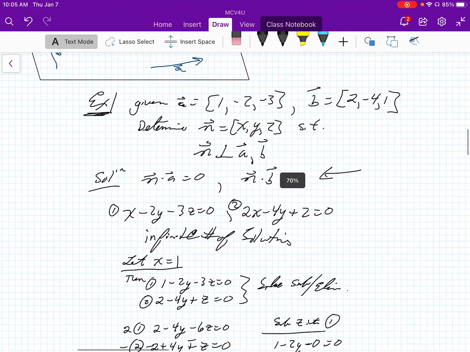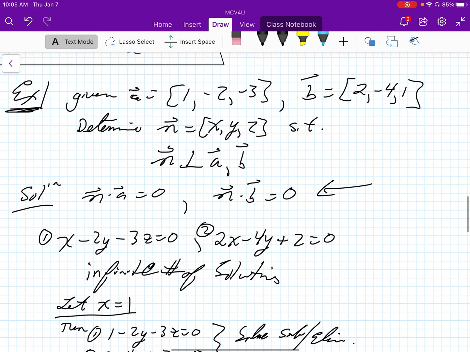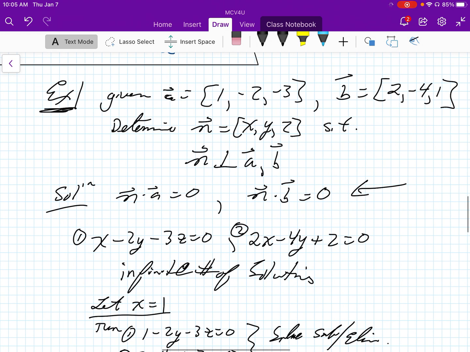Again, we're using the fact that since n is perpendicular to the two vectors, then the dot product is 0. This is another way of thinking about perpendicular vectors.